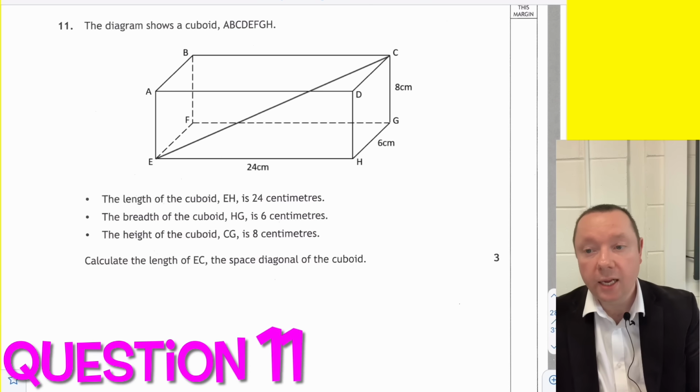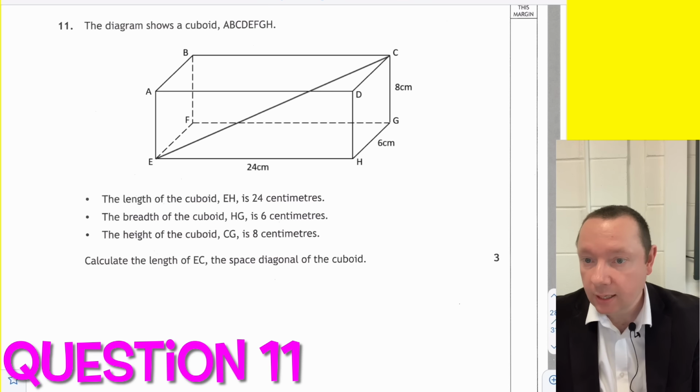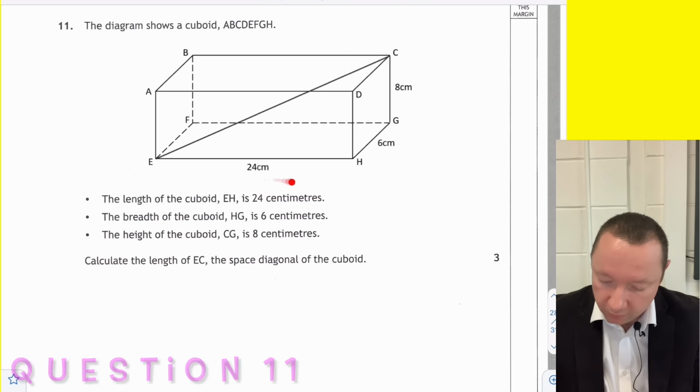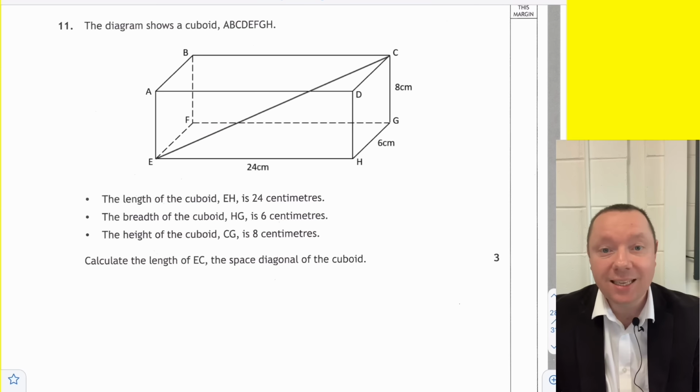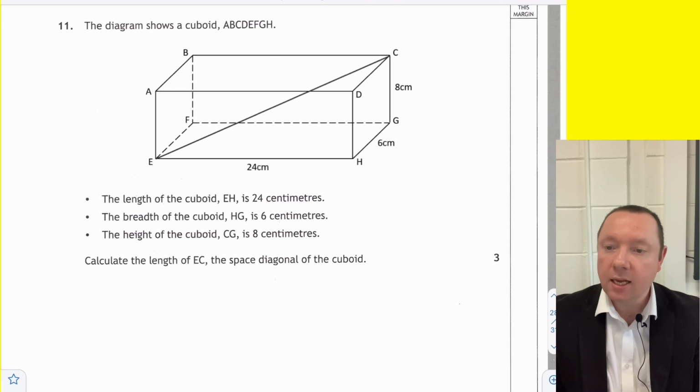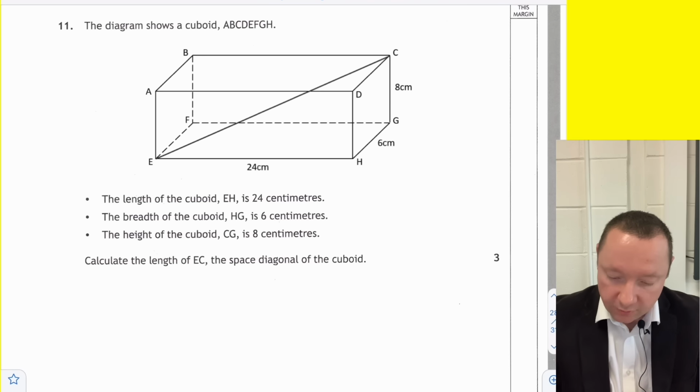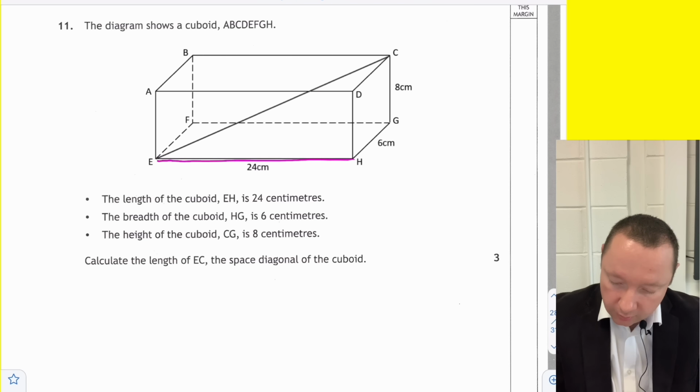Question 11 shows a cuboid, and it tells us some lengths, the 24, the 6 and the 8 as shown, and it's to calculate the length of EC, this space diagonal. This is 3D Pythagoras. Lots of ways to do this, but quite briefly, if I just draw something on here, if I go along here, that's at right angles, because it is a rectangle, even though it's drawn funny.